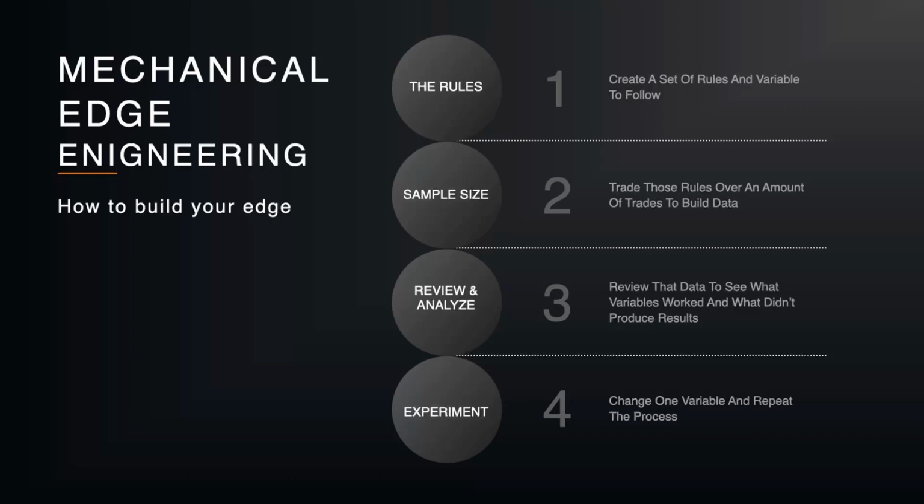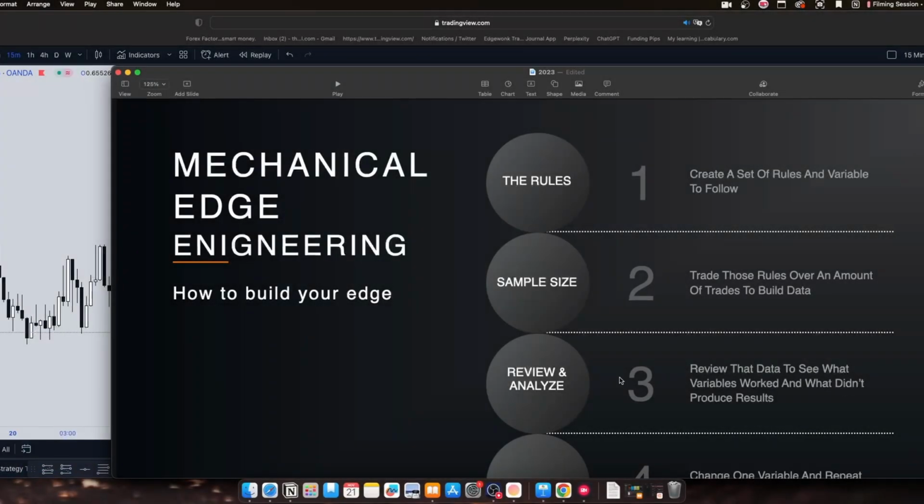It's probably $150 a year, and it's going to be so worth it that in 6 months you're going to be a totally different trader. But like I said, the first step of the process is to create a set of rigid rules and variables to follow. And if I can, I am going to show you how to do it.